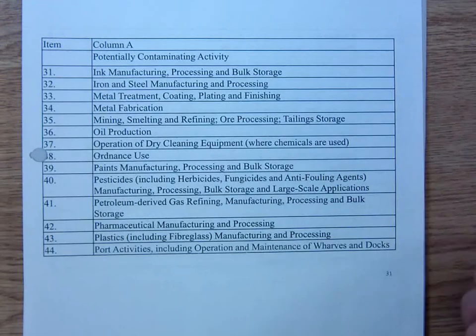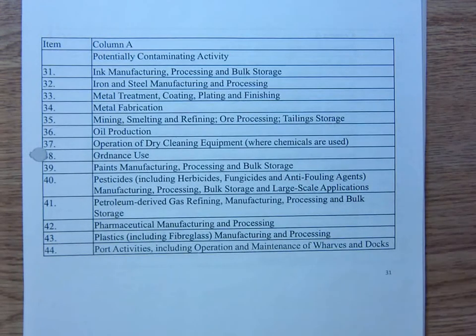The list goes on. Ink manufacturing, processing, bulk storage, iron and steel manufacturing and processing, metal treatment, coating, plating and finishing, metal fabrication, mining, smelting and refining, ore processing, tailing storage. You can have that in mines in Manitoba. We have quite a bit of them in northern Manitoba.